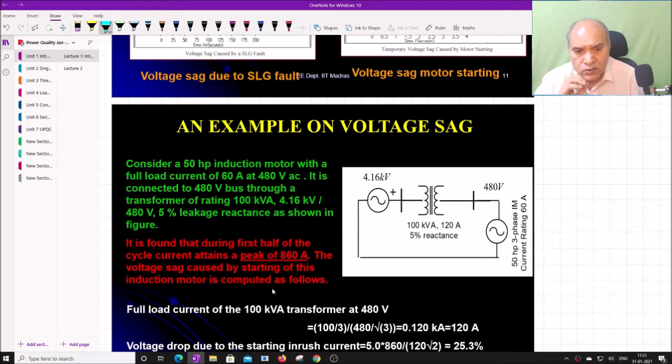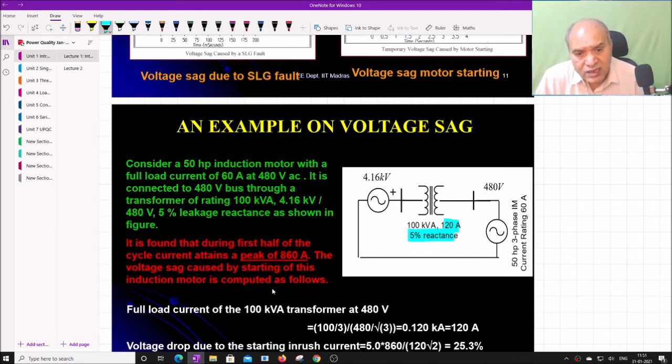Suppose we have an induction motor of very high rating, that is a 50 horsepower 3-phase induction motor, supplied by a feeder of 100 kVA, 120 amps, with a 5% reactance.